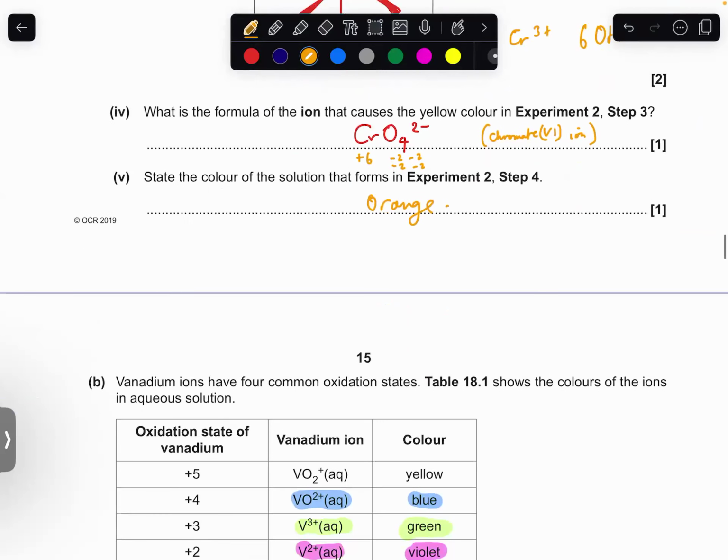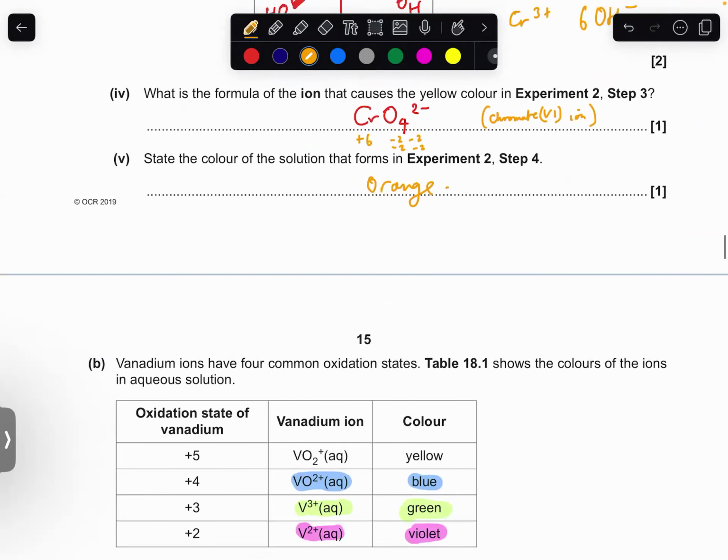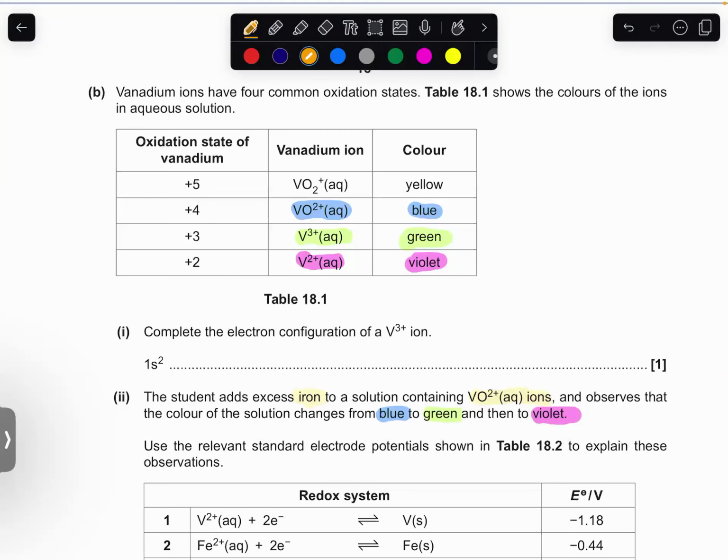Vanadium ions have 4 common oxidation states. Table 18.1 shows the colors of these ions in aqueous solution. We do not need to know these vanadium colors off by heart, and they've been given to us in the question. Now, complete the electron configuration of a vanadium 3+ ion. Vanadium has 23 electrons.